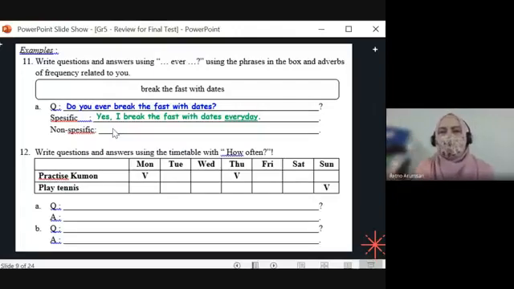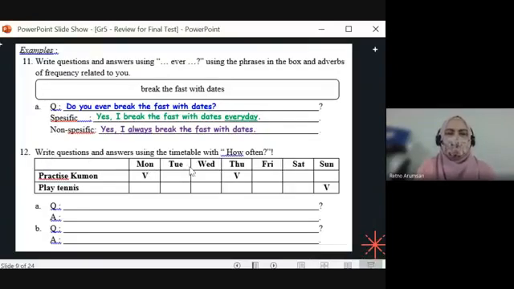No, I never break the fast with dates. Yes, very good. Just like this. No, I never break the fast with dates. You put the never here.